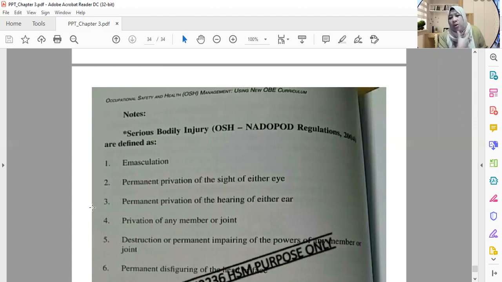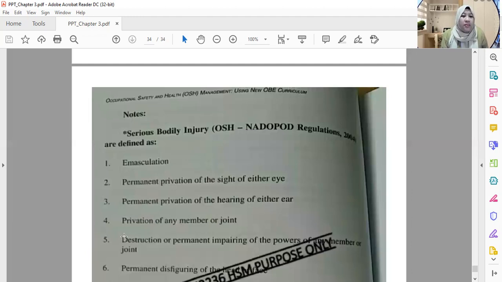I think it's more about breathing, berkait rapat dengan nafas, pernafasan. And then permanent privation of the sight of either eye. So it can be that you can't see your vision clearly, crystal clear.